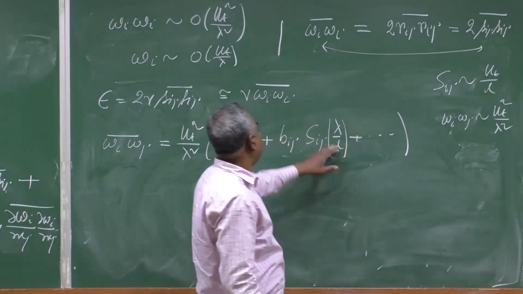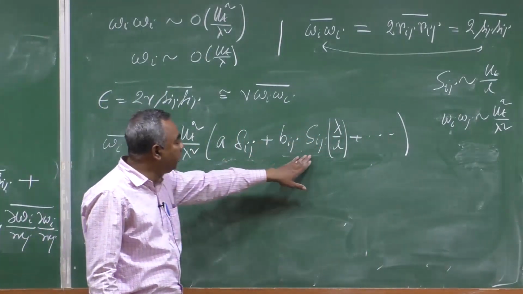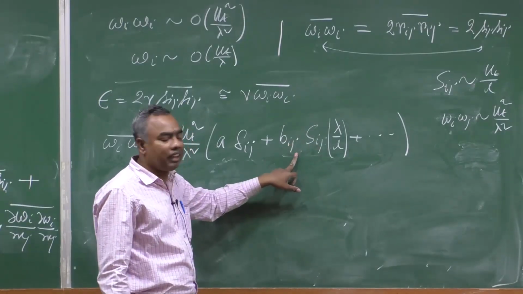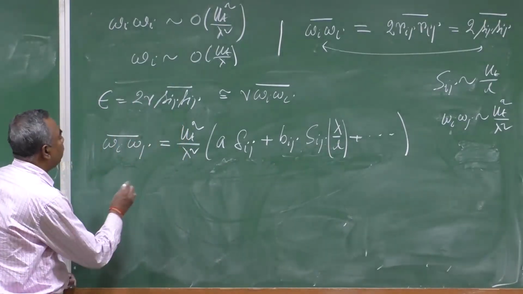So, this is equal to ut square by lambda square into the scale of Bij, in that case of order one quantity.